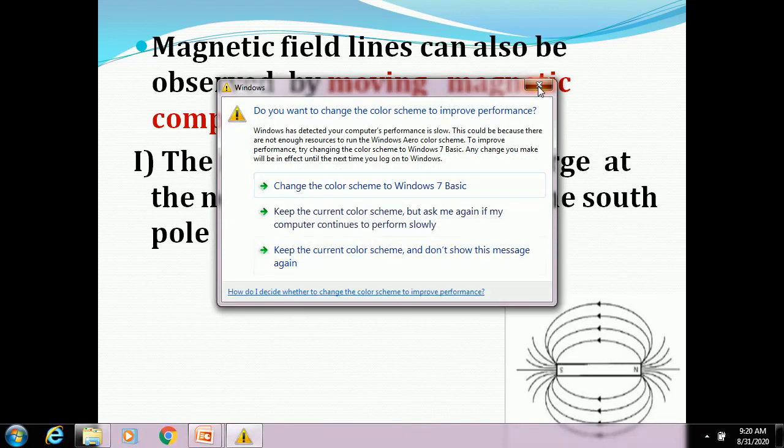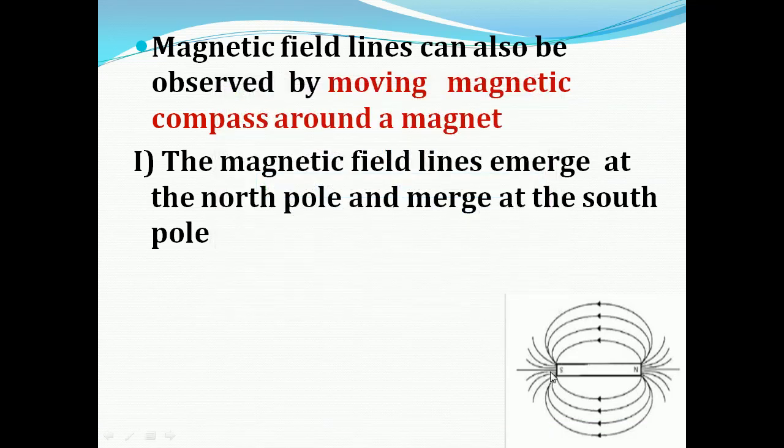Emerge means it will start from the north pole, and merge at the south pole. Merge means it will join at the south pole.